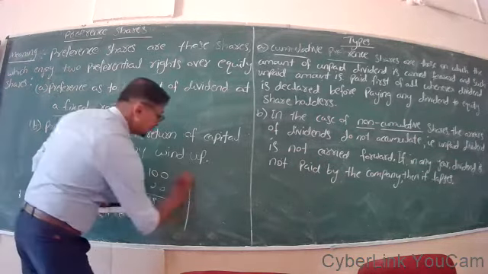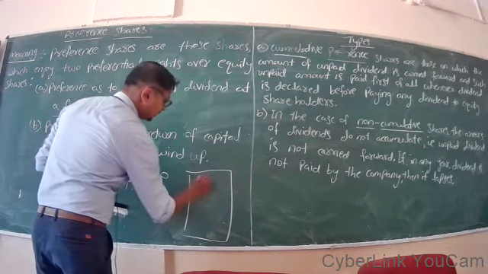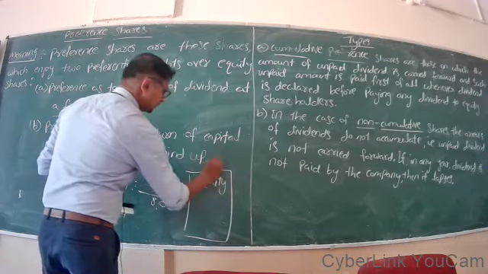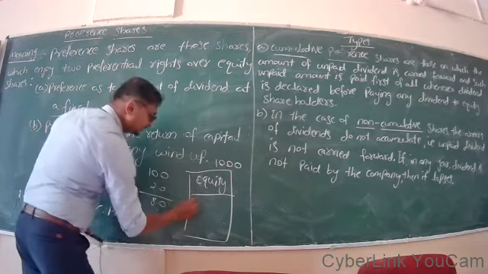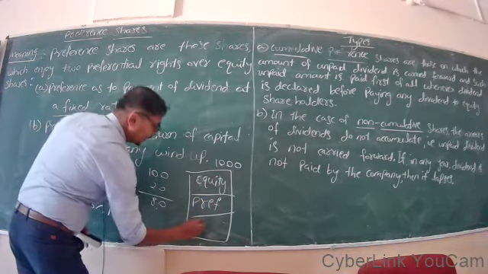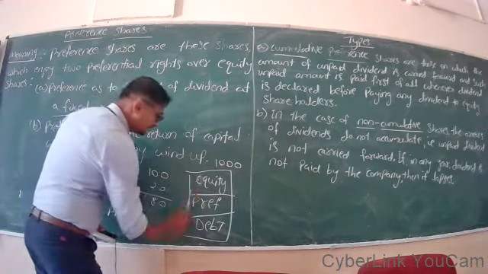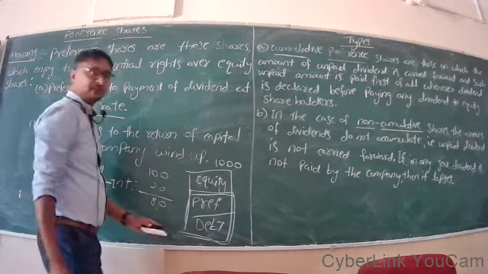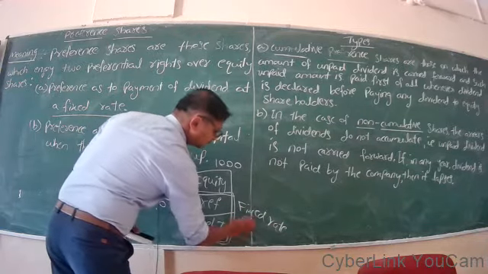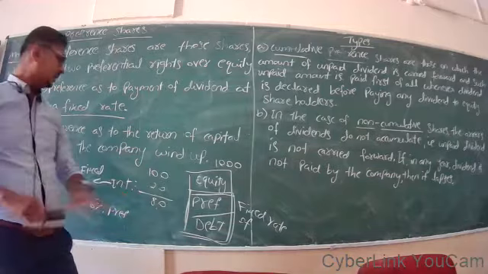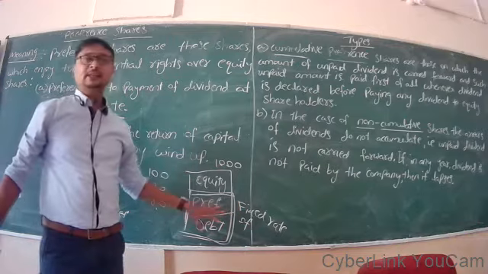If you discuss the capital structure of the company, say this is a 1,000 rupees capital. The structure consists of equity shares, preference shares, and debentures, that is, debt or bank loan. Preference shares and debentures get a fixed rate of return on their investment: fixed interest in the case of debentures, and fixed dividend in the case of preference shares.